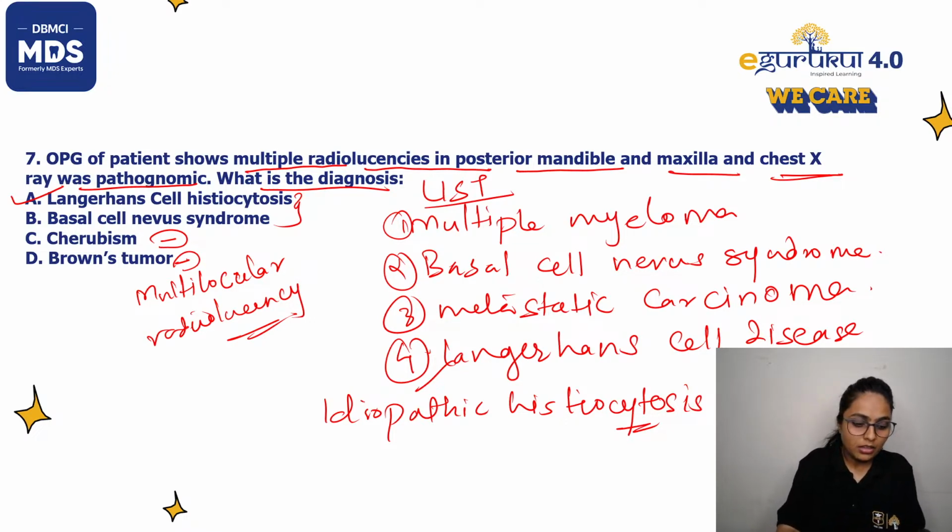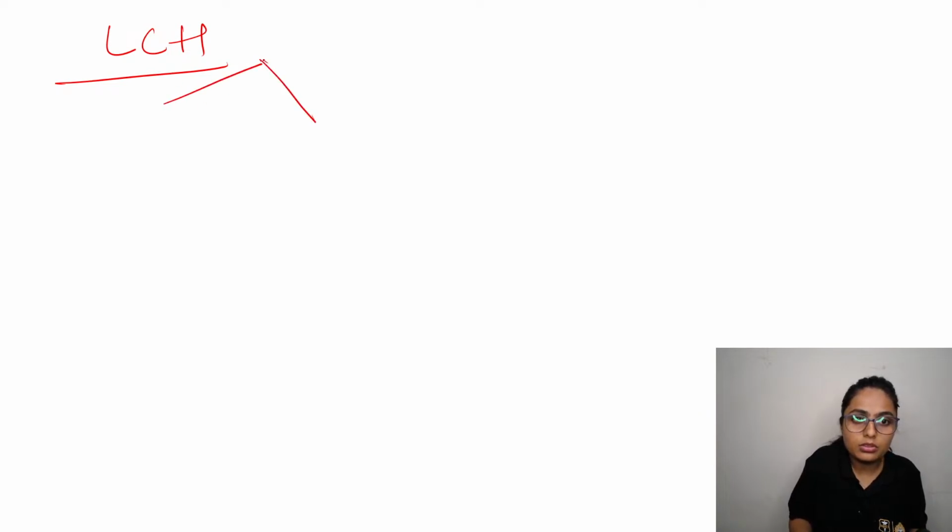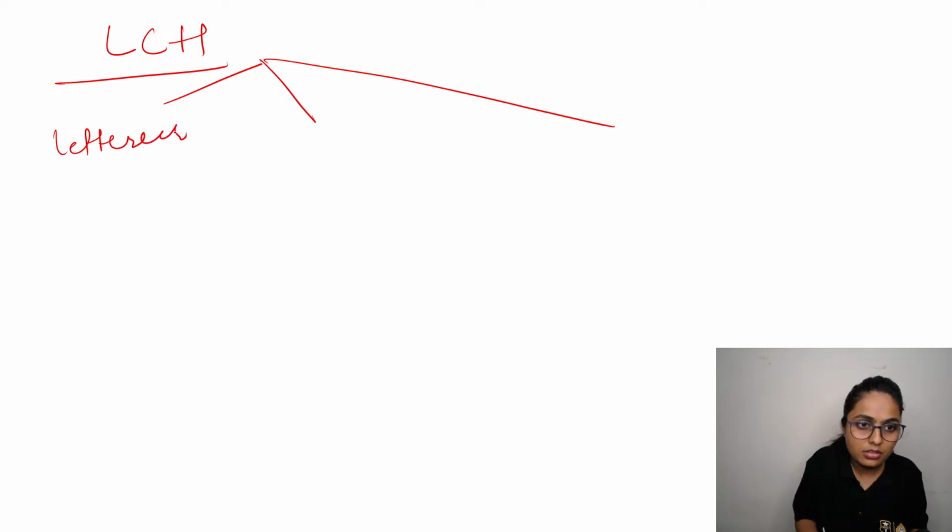Now, Langerhans cell histiocytosis is basically divided into three types. First is Letterer-Siwe disease.